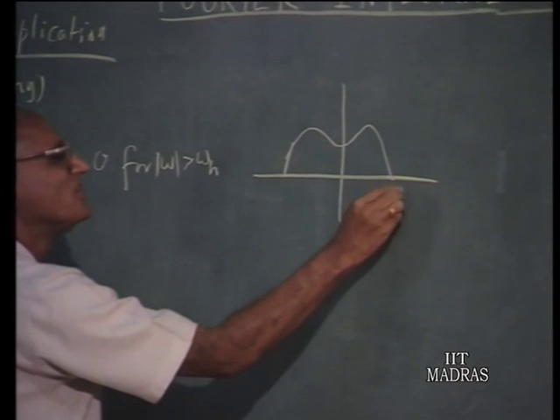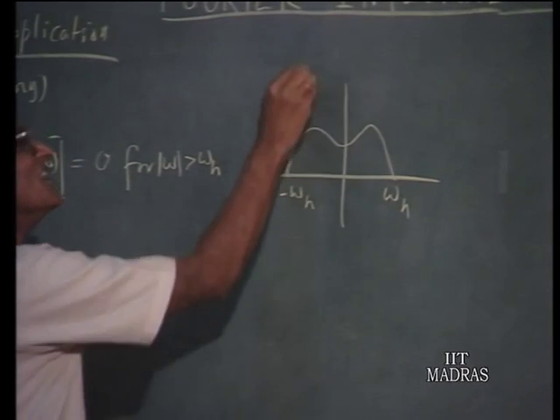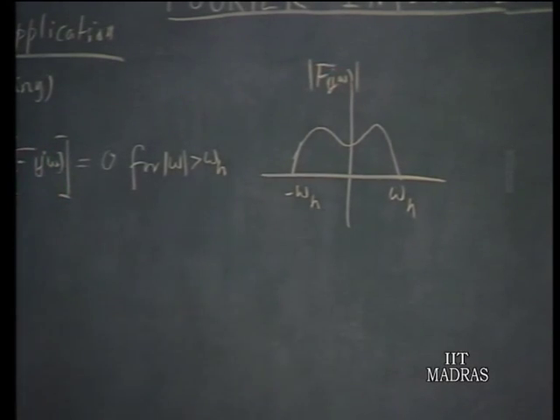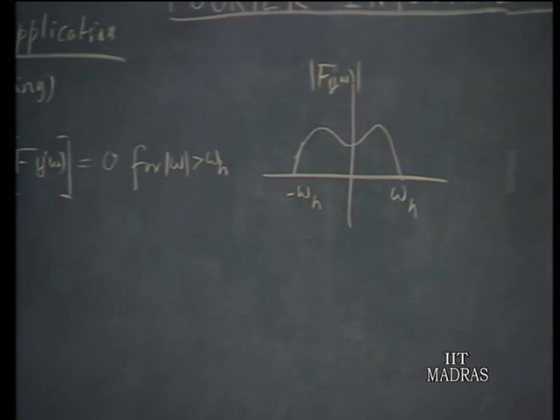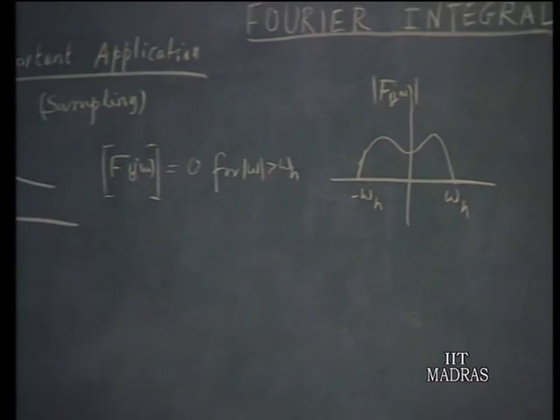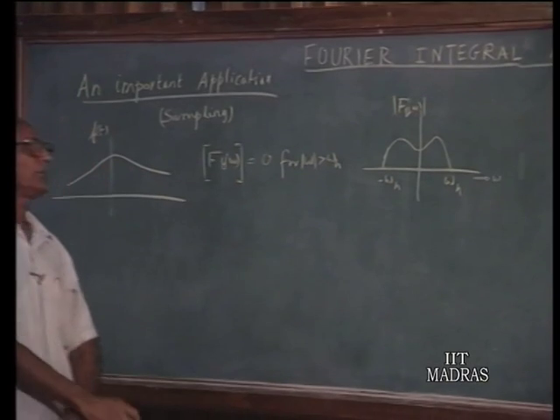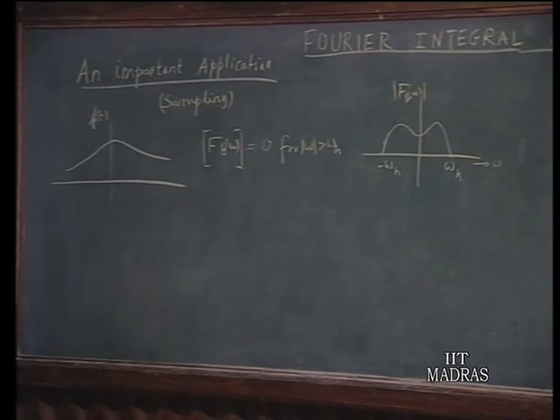maybe like this. So, the Fourier transform is 0 for values of omega beyond omega h, or we can say that the highest frequency component that is present in f of t is omega h.